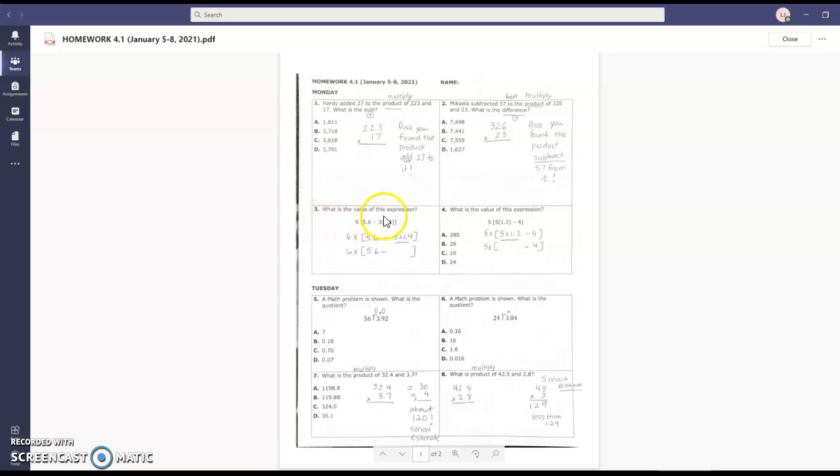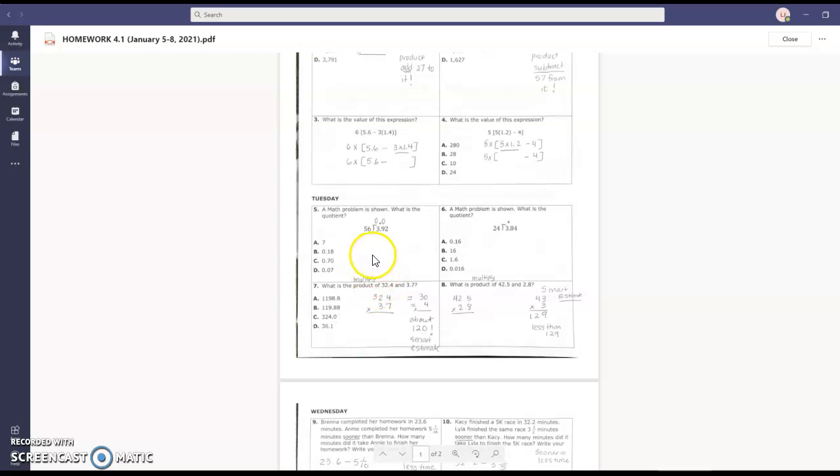This one is just working on order of operations. Remember to use your PEMDAS, right? After that is division. You need to think about, if you really work the problem correctly, like in this case, 3 and 92 hundredths is much smaller than 56. And if you think about it, 3 and 9 tenths is less than 56, so the answer must be 0.0 something.